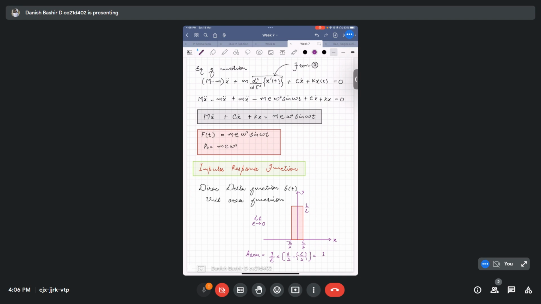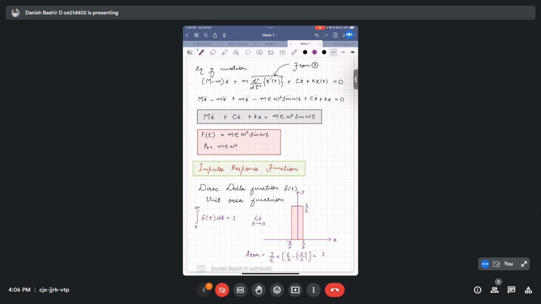So we are getting a very important property of this Dirac delta function: if we integrate this function from 0 to infinity, delta of t dt, it gives a value of 1. Obviously it's having area 1, so it will give a value of 1.